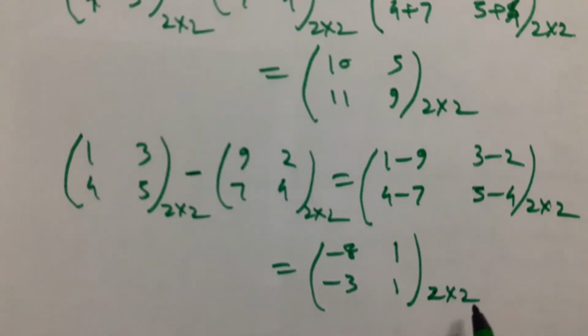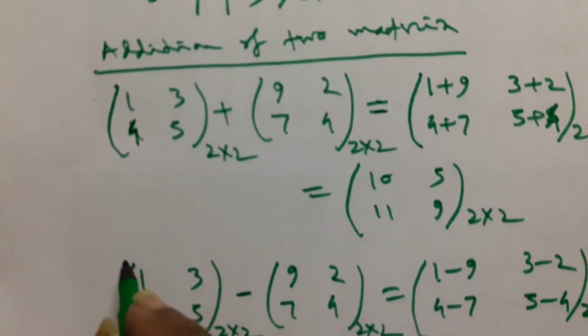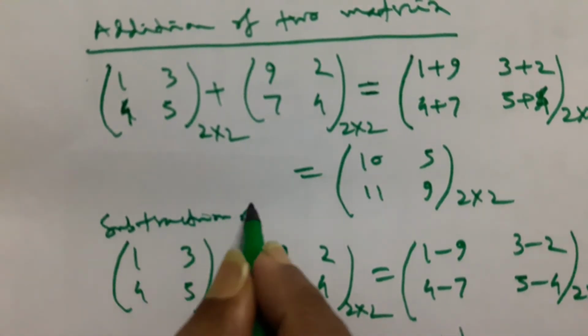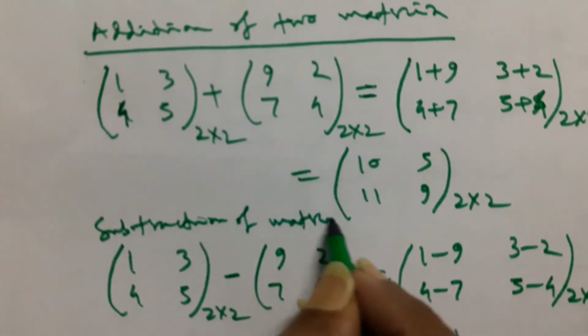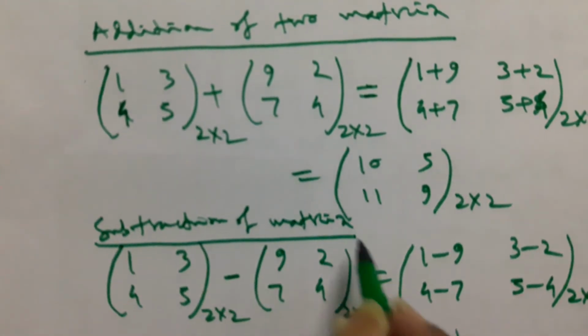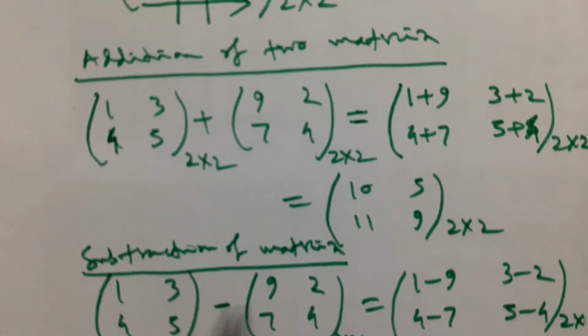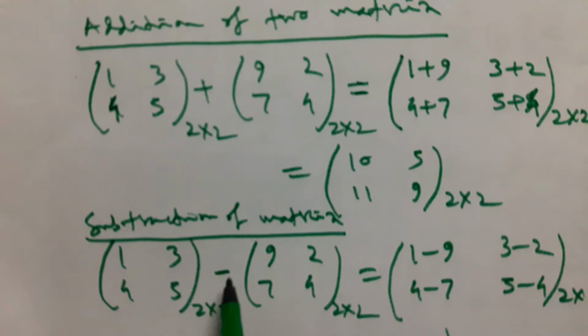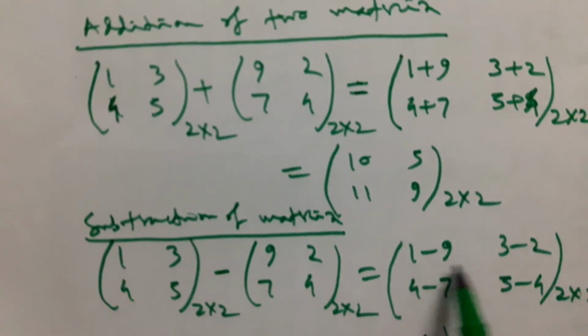That is called the subtraction of matrices. The same way should be followed as in addition. The rule is the same and only the operation is different. Elements in the same position will be subtracted.